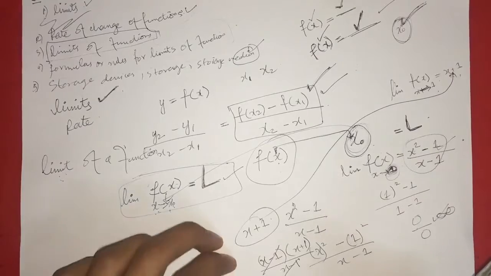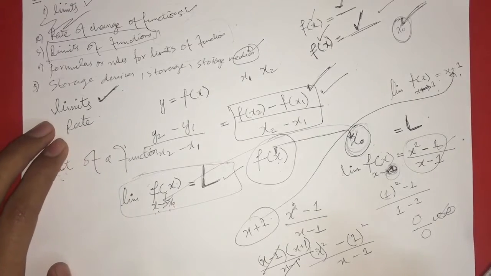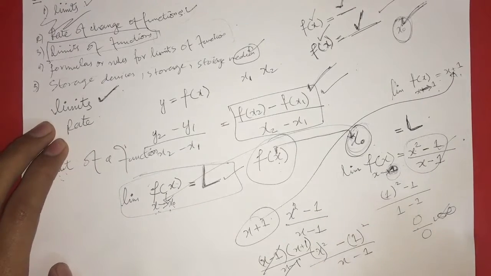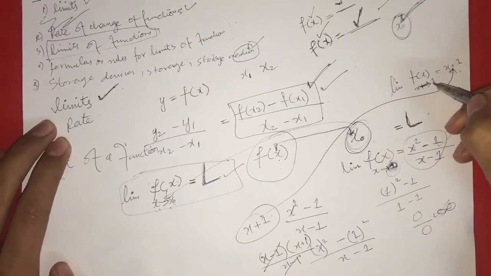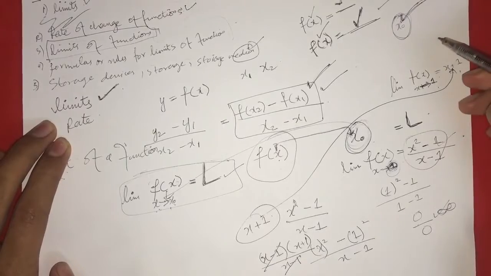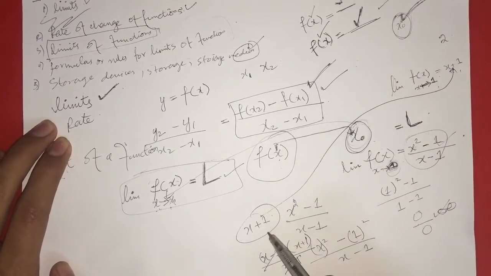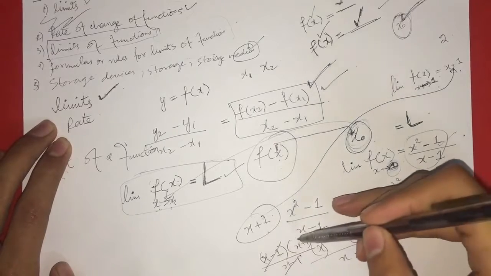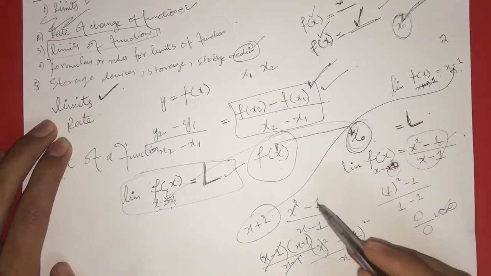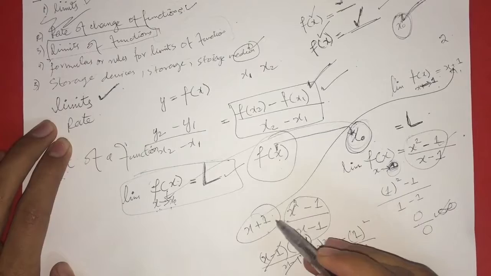So what does this mean? If we graph this, first let's put x approaches 1 here. Here it becomes 2. We have factorized this into this.